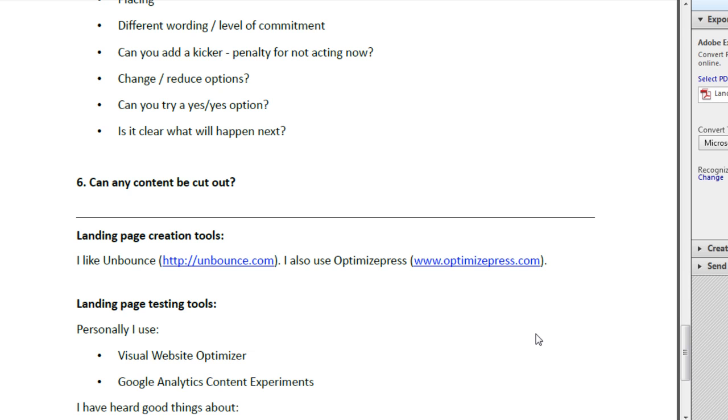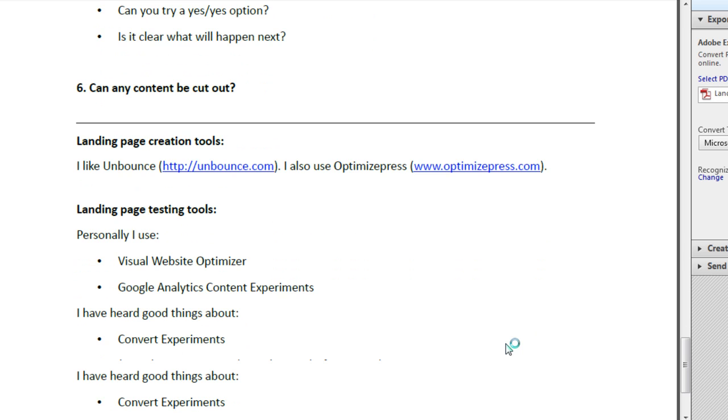I use one called Unbounce, which I'll show you a demo of in a video just after this one. And I also use a product called Optimize Press, which is only in WordPress. It's a WordPress plugin or theme, but that also allows you to create high converting landing pages very quickly. So I'll show you both of those products.